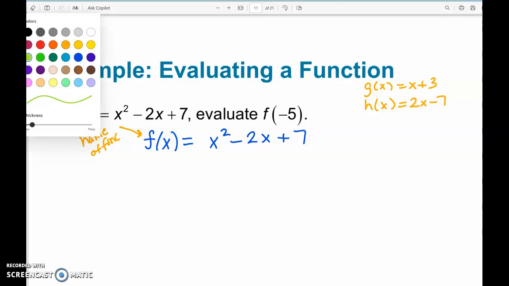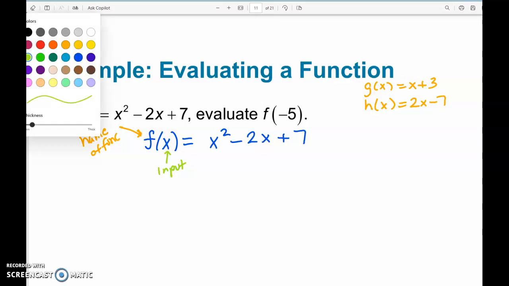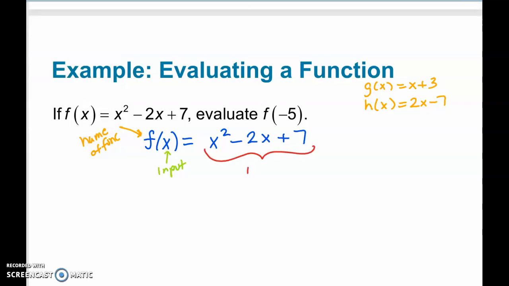If I want to evaluate it in function g, you would see me write g of -5 or g at -5. Next, whatever is in the parenthesis, in this case x, is the input. In this case, it's saying f at -5, so my input is -5. Then you take that input and you do this rule on it.